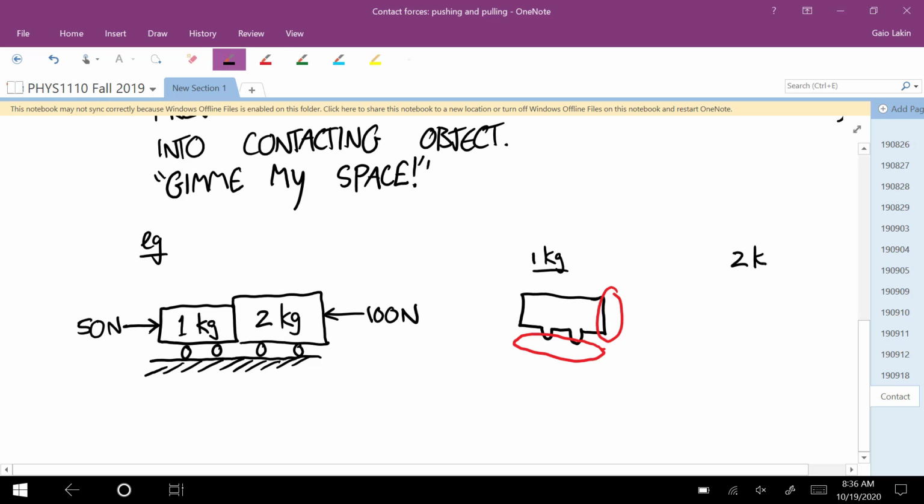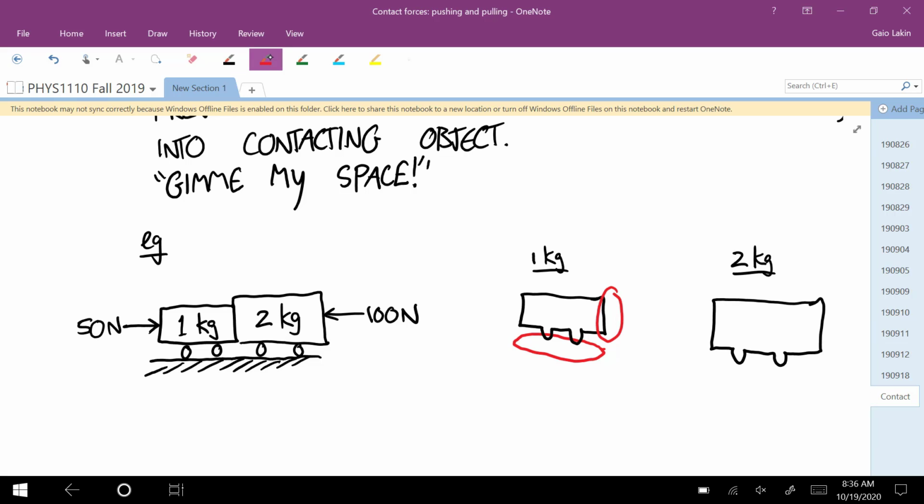And what about the other one? So the 2 kilogram cart on the right, go around the boundary and down at the ground, there's contact with our chosen object from the ground that keeps our chosen object from sinking into the ground. That means that's a pushing force.